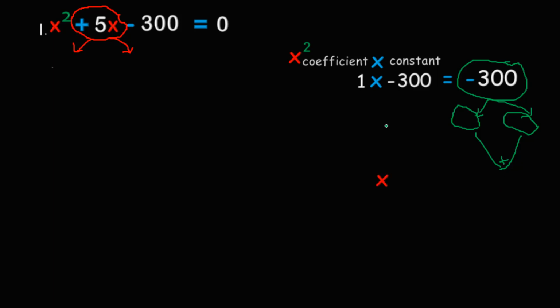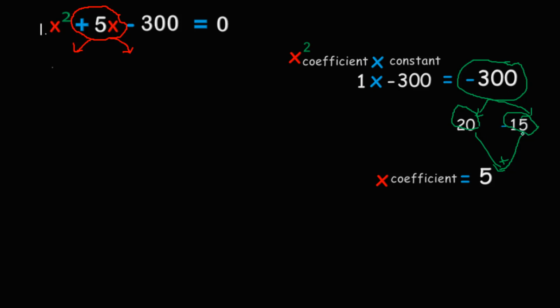Here, what is the x coefficient? 5. So now tell me, what are the suitable pair of factors for -300 we have to take here, whose sum is equal to the x coefficient 5? Very good. Here we have to take the suitable pair of factors for -300 as 20 and -15.